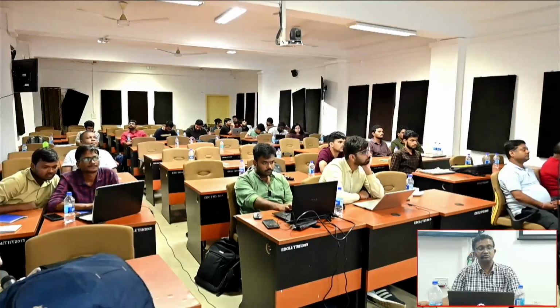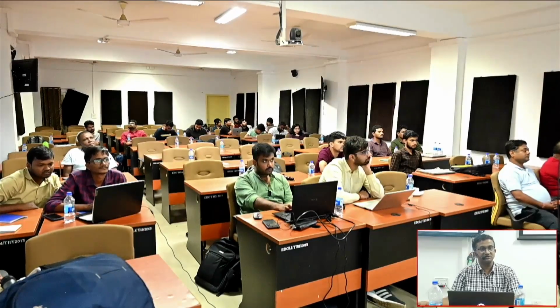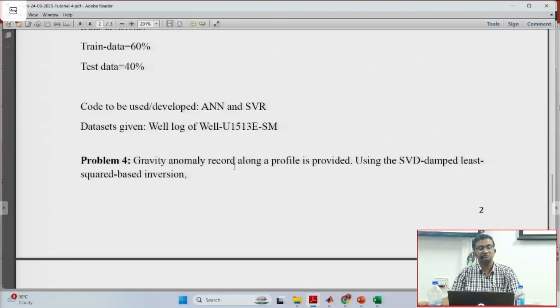So the fourth problem we discussed is about gravity. Along a profile, this data has been provided, and this SBT code which we have shared for the resistivity is the same for your gravity problems.